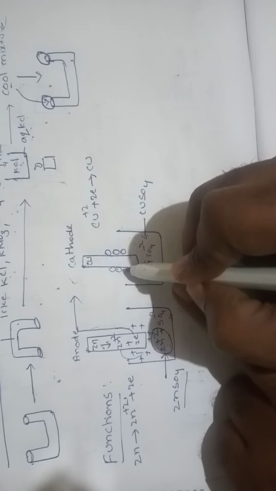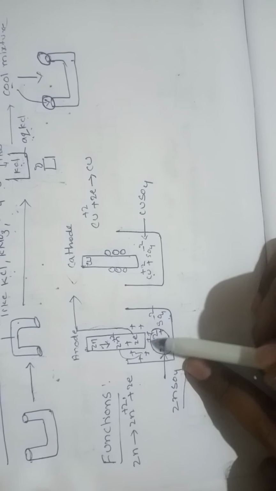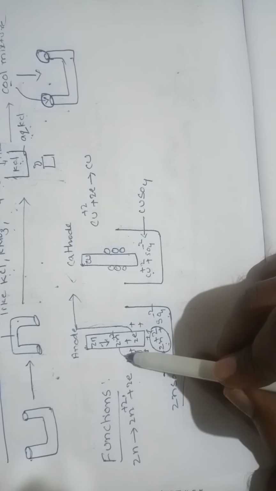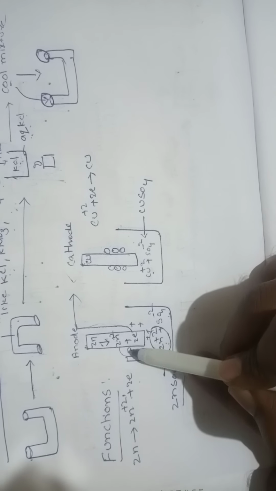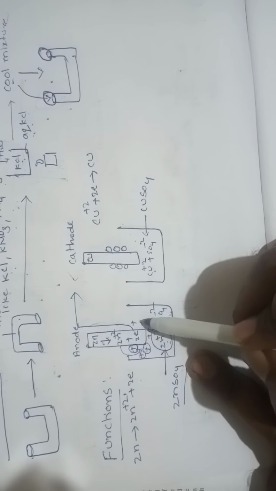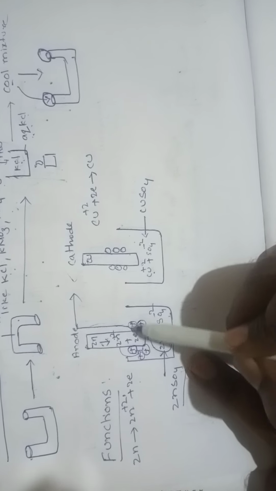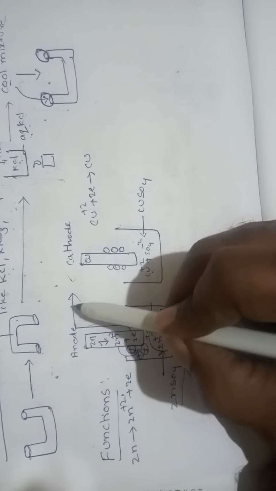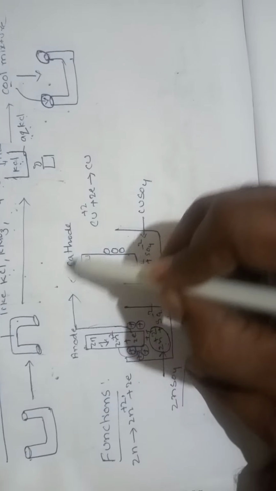In the beginning electrons are released, but after some time, due to the release of more zinc ions, positive charge develops over the surface of the anode. These positive charges prevent the flow of electrons from anode to cathode.